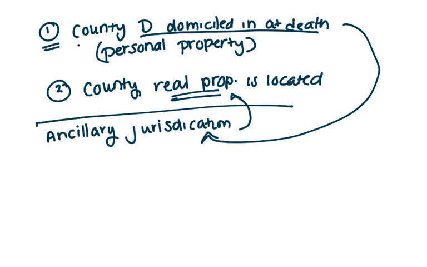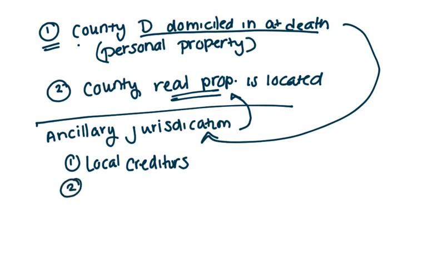But ancillary jurisdiction serves two important purposes. The first is that it allows local creditors to be properly noticed so that if there are claims against the property, they can come forward at that time. And if not, then title is cleared.